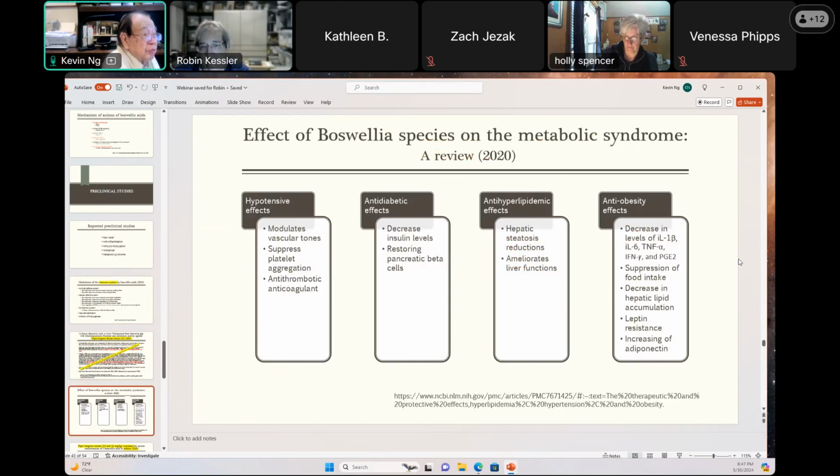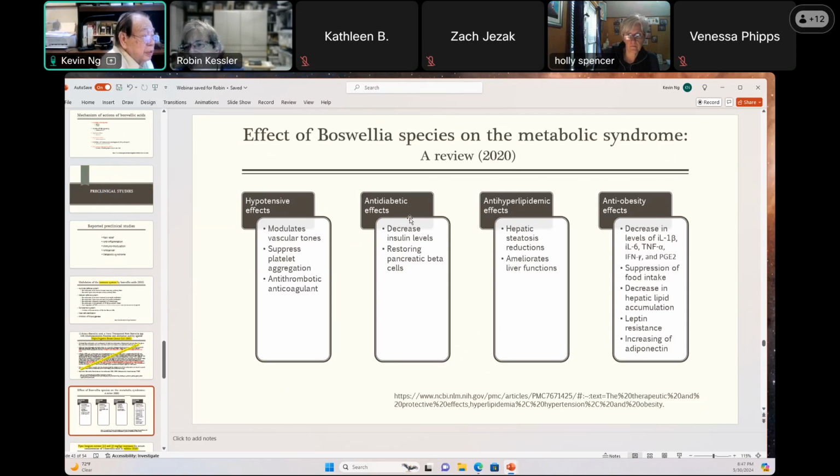Now, will the Boswellic acid reduce weight? Will it lower the blood pressure? Studies show that Boswellic acids reduce the blood pressure, reduce sugar in people with diabetes, and reduce cholesterol in people who are obese and so on. And ultimately, it has the property to lower the weight.